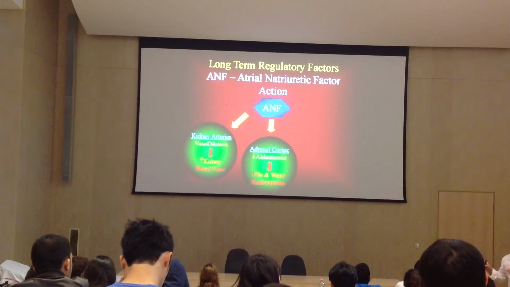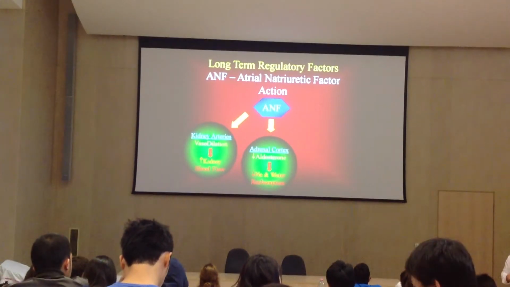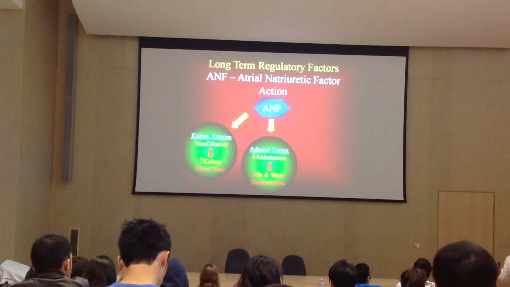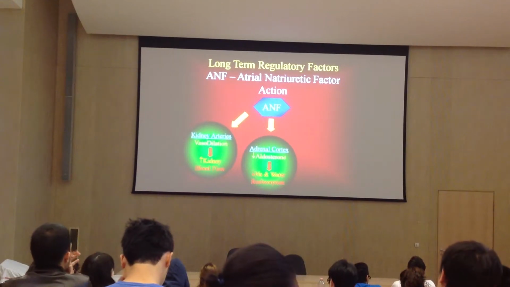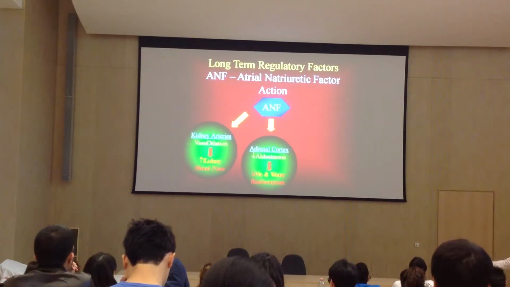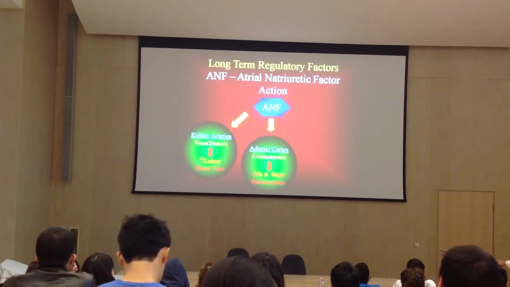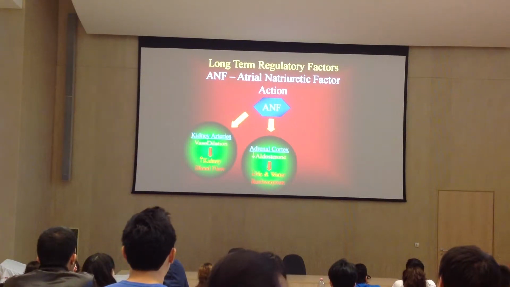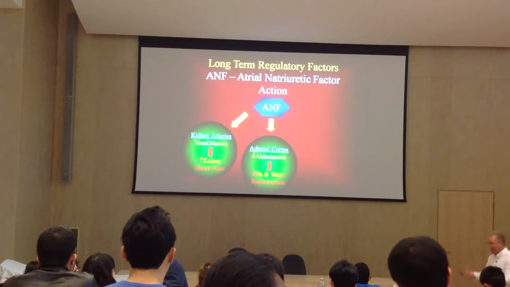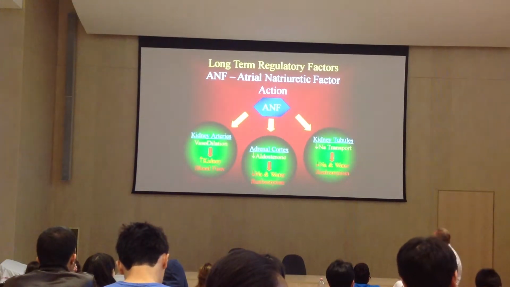So, upon the action of ANF, aldosterone is less produced, therefore aldosterone is much less capable of stimulating sodium and water reabsorption. So, ANF not only promotes the formation of more urine, but it is letting less sodium and water be reabsorbed, again to produce more urination.